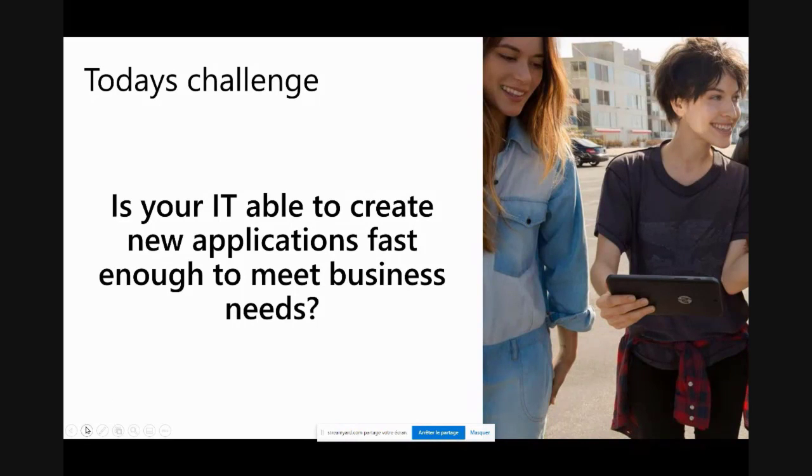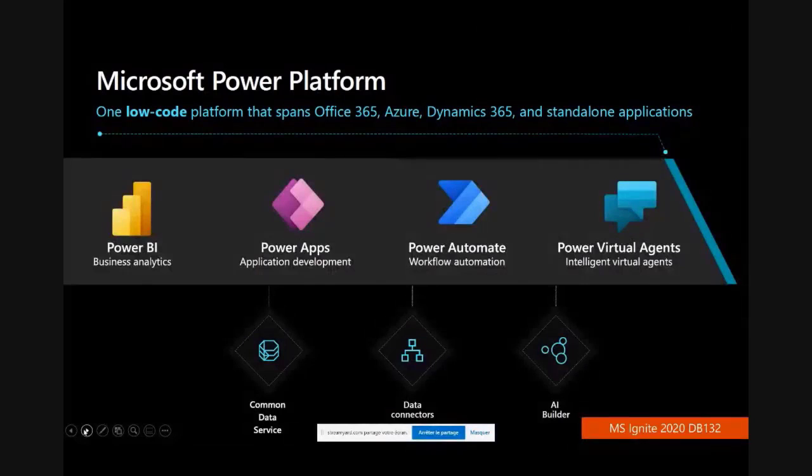So everybody should be empowered with very easy to use tools to create new apps and to respond to business needs. This is how Microsoft is presenting nowadays the Power Platform. We can see on this slide the 4 pillars, the 4 main tools of the Power Platform, which are Power BI for business analytics, Power Apps for application development, Power Automate for workflow automation, and Power Virtual Agents for creating intelligent bots.